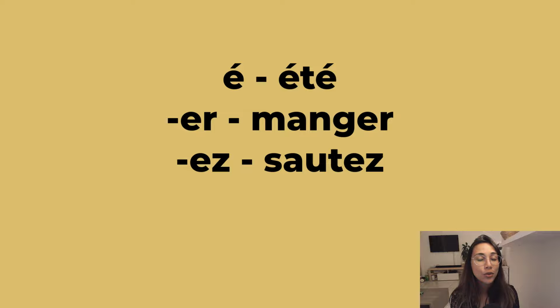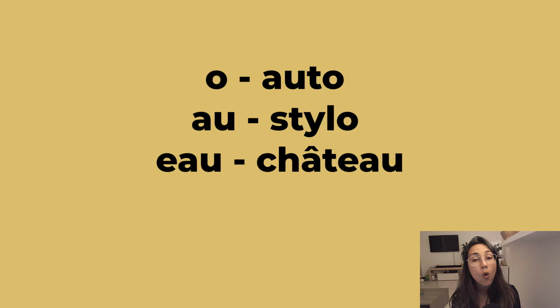Next one, the sound et. You can write it with the accent aigu, the acute accent, et, er at the end of a word, and ez at the end of a word. So for example, été, manger, sauter. Same goes for AU, the sound O, which can be written with the letter O, AU or EAU.